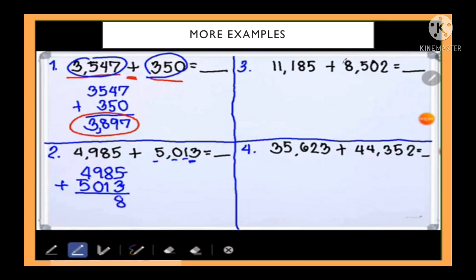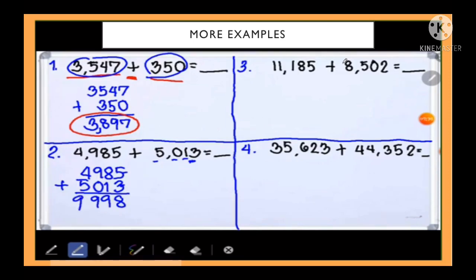Correct. How about 8 plus 1? 9. Good job. Next, 9 plus 0 is 9. Yes. 4 plus 5 is also 9.